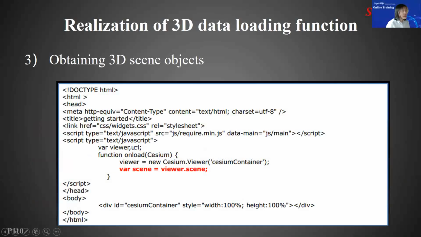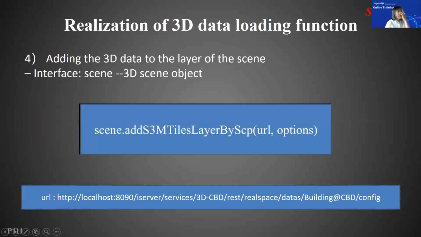So after we get a viewer, the container for the globe, now we have to add the scene. So we create a variable called scene, viewer.scene.